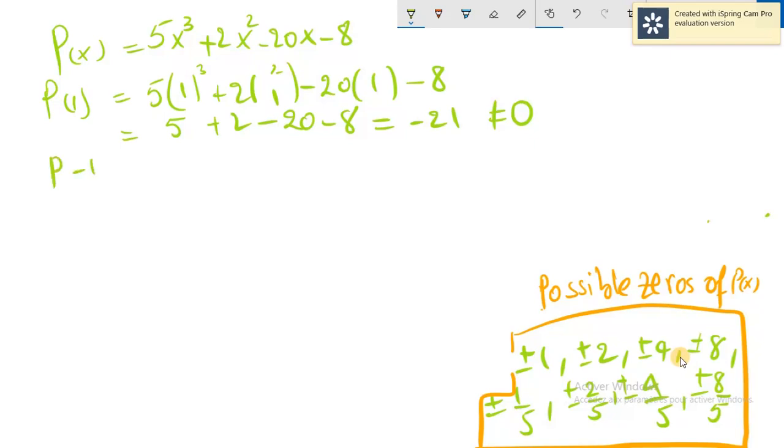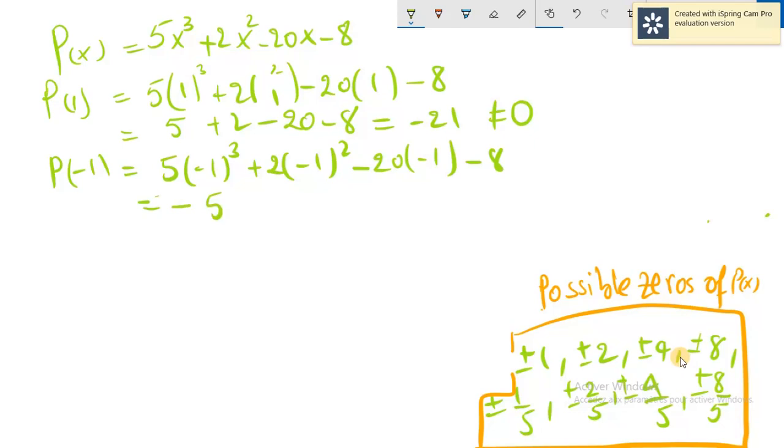Let's go to p of negative 1. So you get here 5 times negative 1 cubed plus 2 times negative 1 squared minus 20 times negative 1 minus 8. So I get negative 5 plus 2 plus 20 minus 8. Let me recompute, hold on.